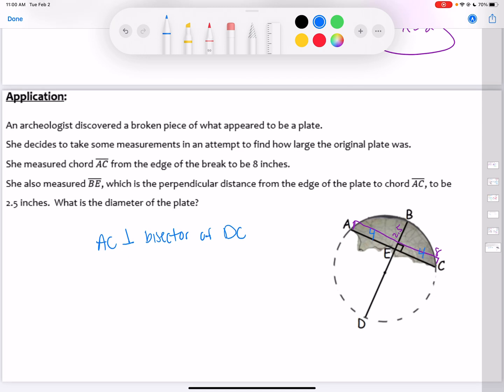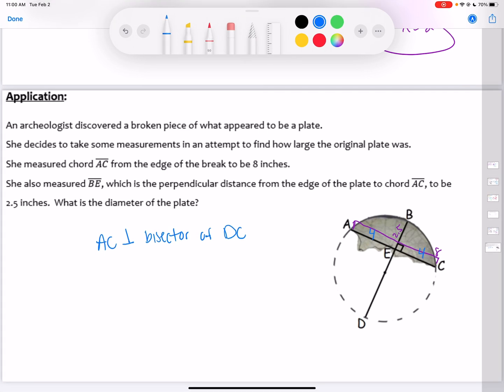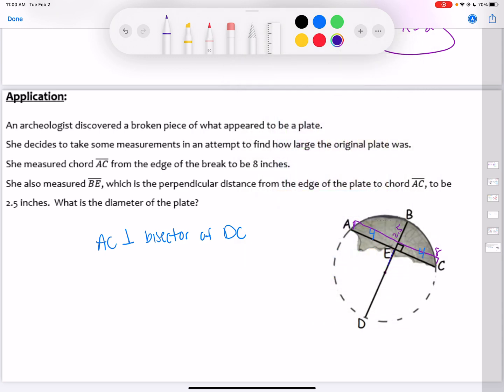And similarly, if that's 2.5, then this also is going to be my x. I'm trying to solve for this length. I don't know that length.